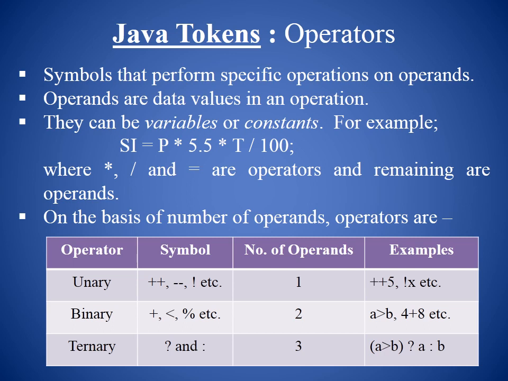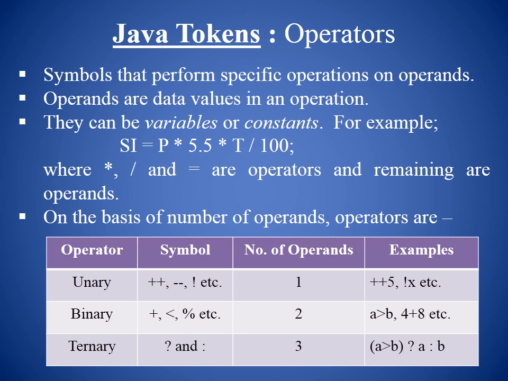Operands are the values on which the operation is going to be performed on the basis of the operator. Let us take an example. SI equals P into 5.5 into T divided by 100, where there are 3 operators and the remaining are operands.